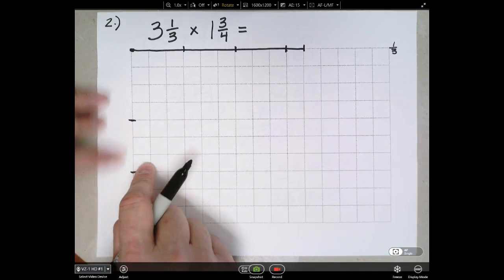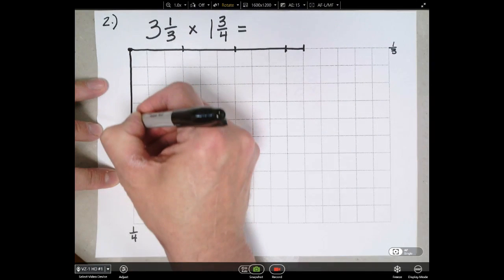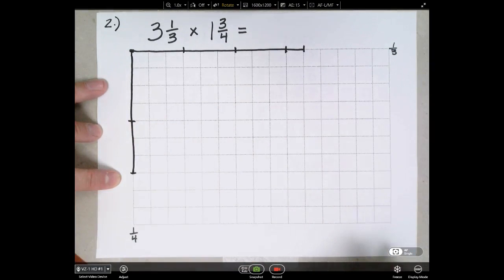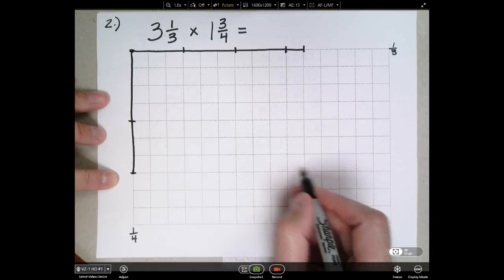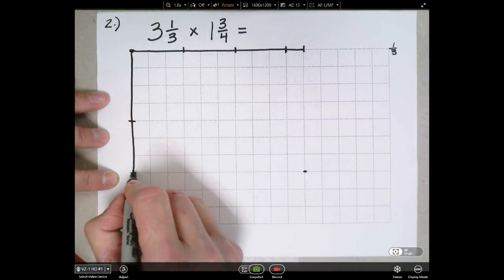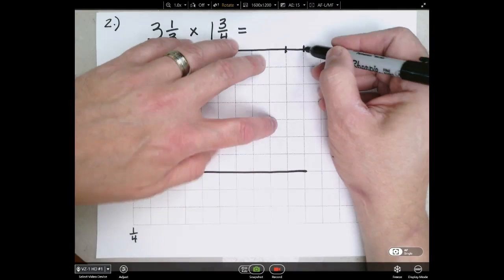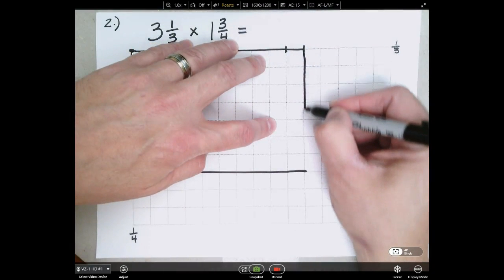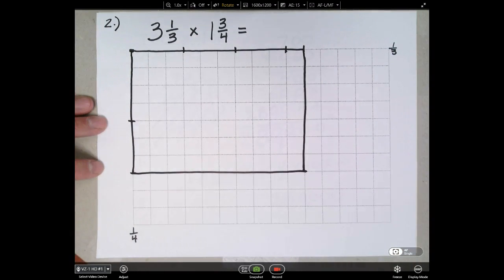And 3/4 more takes me to 1 3/4. So hopefully yours looks like that. If it doesn't, go ahead and correct it. And then again, we are going to look at where the 2 points meet to create our rectangle. Okay, so there we have our rectangle.